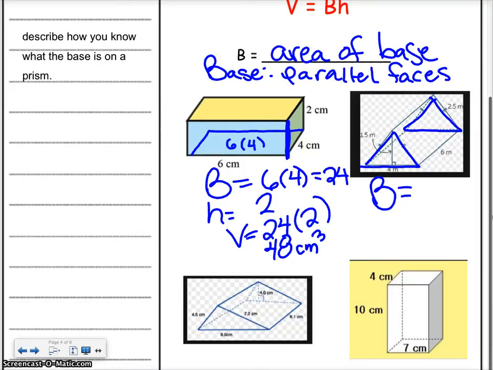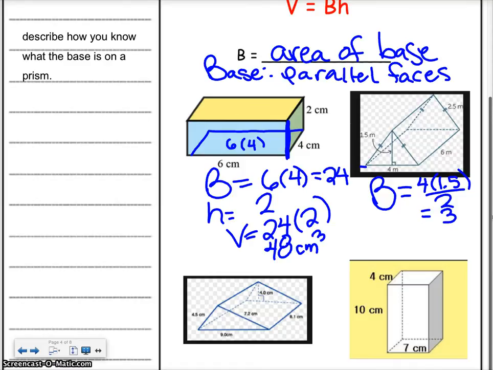Since it's a triangle, I have to go base times height divided by 2. What's the base of my triangle? 4. What's the height of my triangle? 1.5. Divided by 2. So 4 times 1.5, divided by 2, is 3.